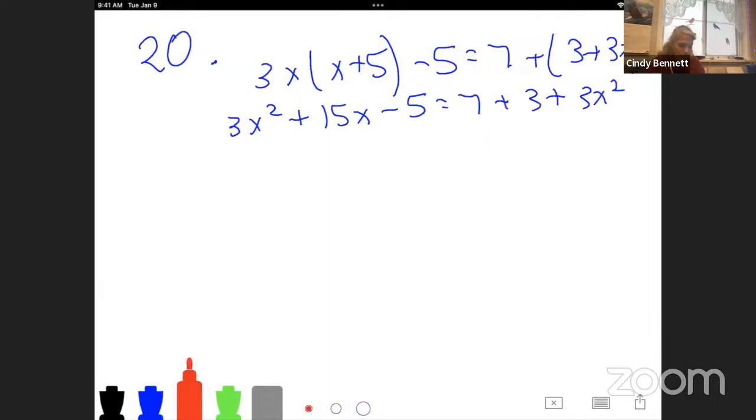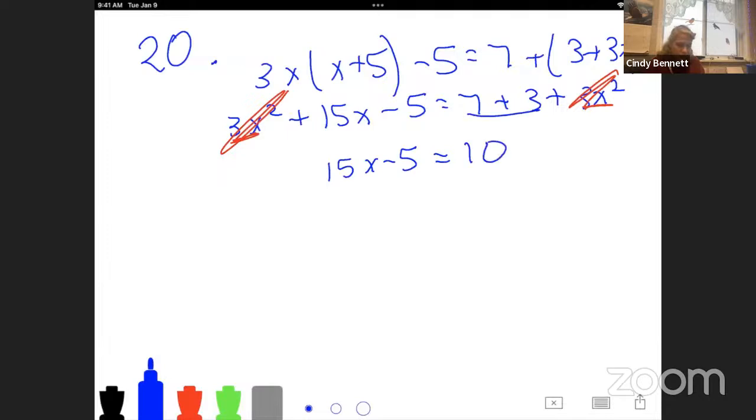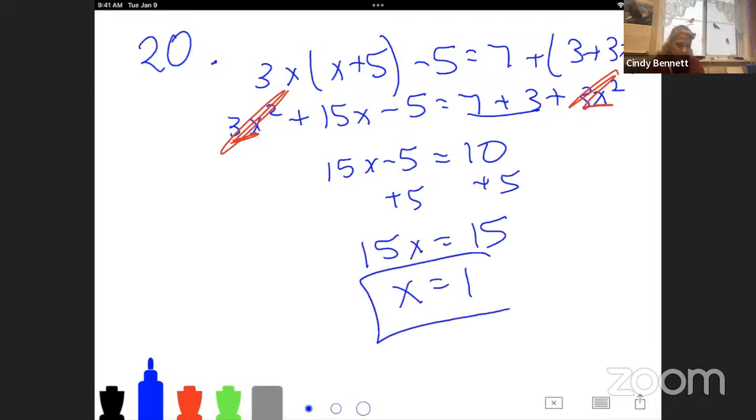Now, as we talked about before, if you have two things that are the same on both sides, just cross them out. So now you're left with 15x minus 5 equals 7 plus 3, which is 10. Add 5, 15x equals 15, x equals 1.